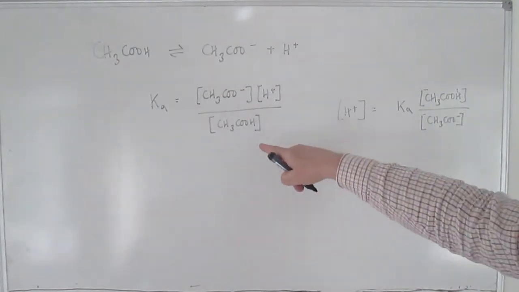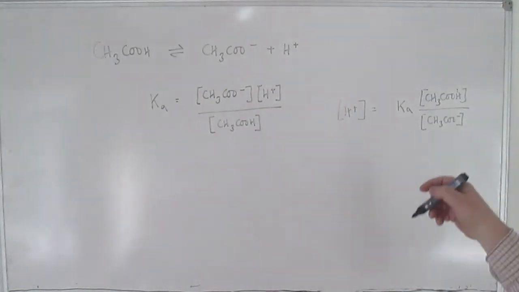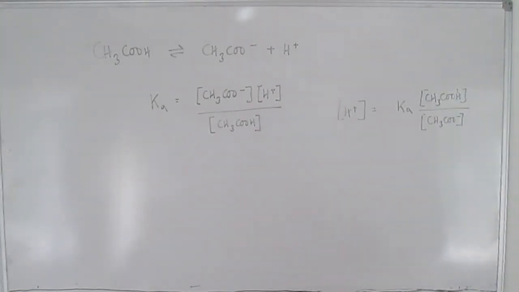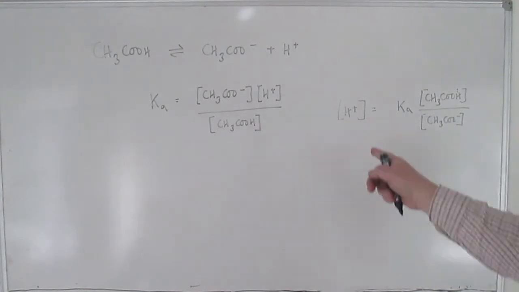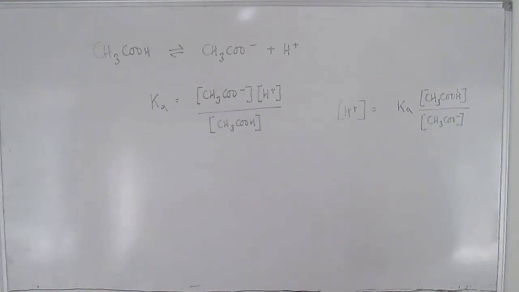Okay, so I've just rearranged that, slid this diagonally up there, that diagonally down there, and got this. And that's how you can calculate the pH of a buffer solution. Because if you know what Ka is, and you know what these two concentrations are, you can just plug the numbers in, and that gives you the H plus concentration, and hence the pH.